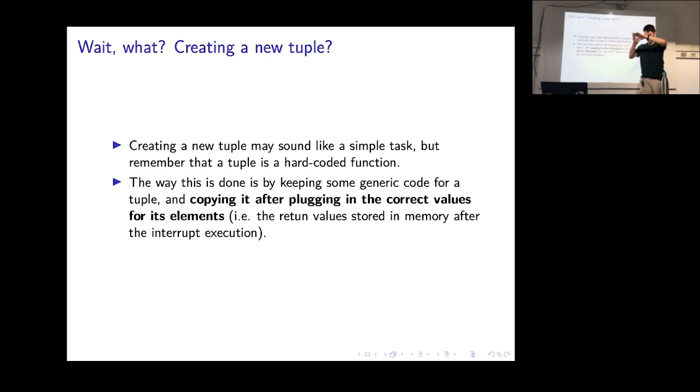We generate code at the end of the memory that is a copy of the template, but with the relevant portions changed to have the correct elements. So we have a new function, a pointer to which is pushed onto the operand stack, which is created at runtime. It's very weird. It's a bit dirty, but we liked it. And that's how we make tuples.